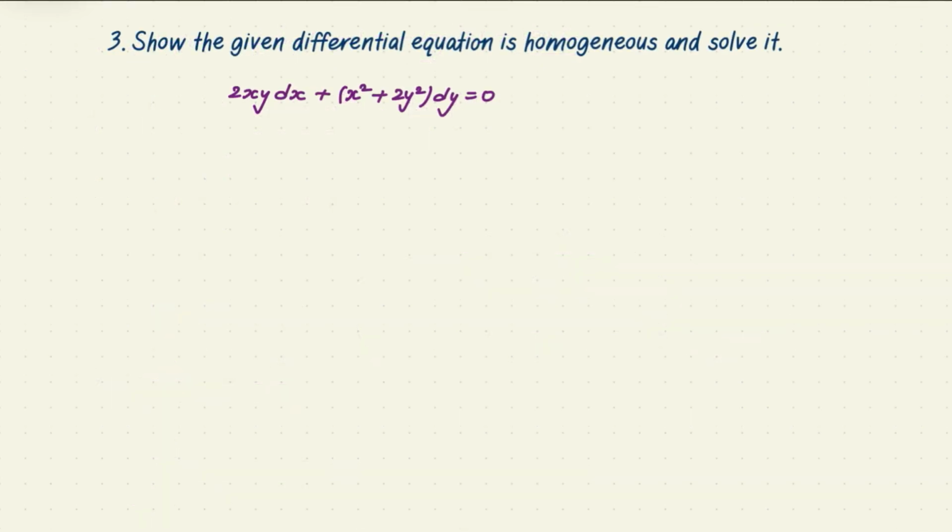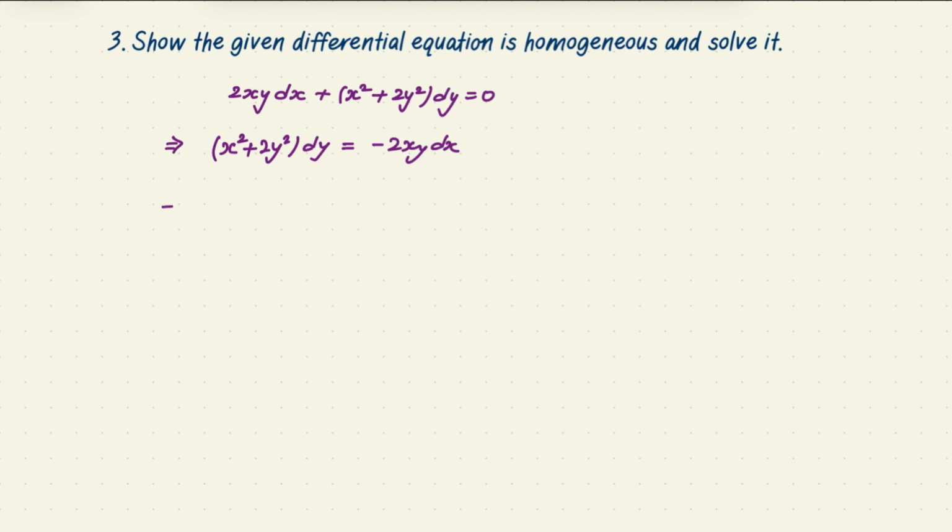Question 3. Show that the given differential equation is homogeneous and solve it. So first we will show this equation is homogeneous. For that, let us take this first term to the other side. So here we will have this equals minus 2xy dx.